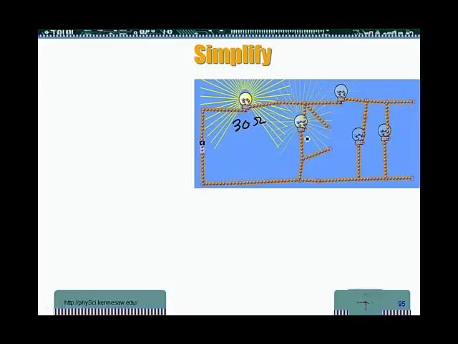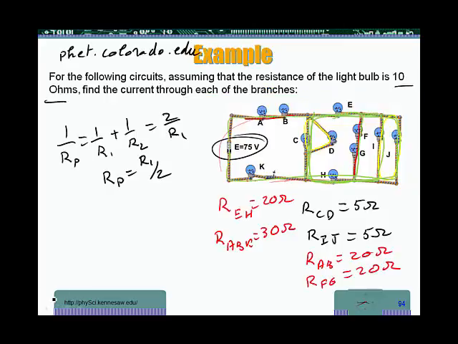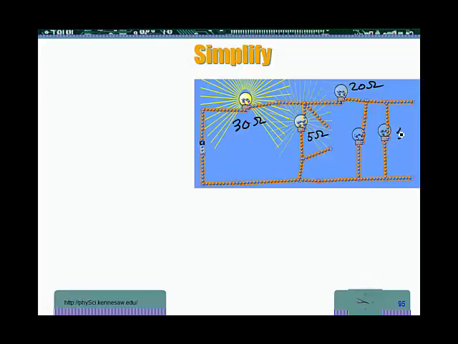I should have here for this one 5 ohms. I should have here 20 ohms. And I should have here 5 ohms and here 20 ohms. This is my new circuit.